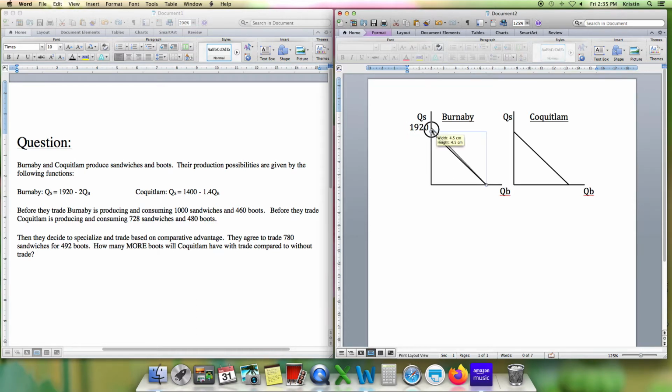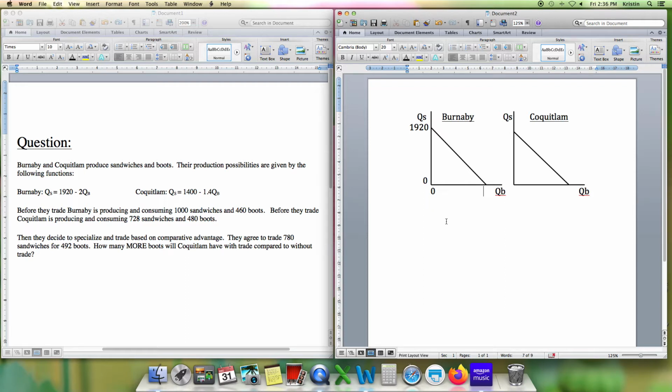Let's move this line up a bit. There we go. So in other words, that is when the quantity of boots is 0. Now, when the quantity of sandwiches is 0, what's this number? What is the quantity of boots?